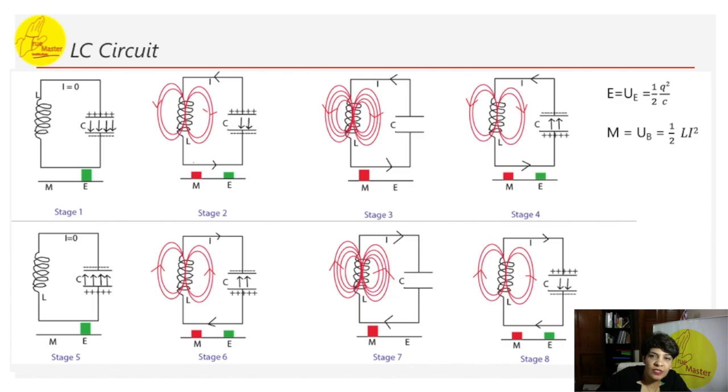Earlier, this was the positive plate in the opposite direction and the current direction was this. Now, the current direction is in this direction. It's like a clockwise direction, right? And here, the two current directions are different and the arrows, you can note, there are only two arrows left. From 4, it has become 2 and some of the energy is being stored in the form of magnetic energy.